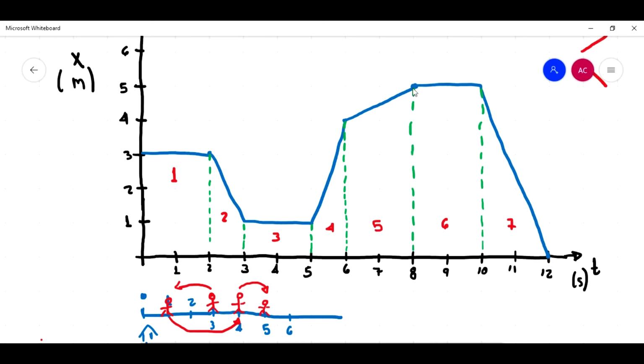In segment number 6, this person is going to stay there at the position of 5 meters. He's going to stay there for 5 seconds, and then he's going to return to 0 meters.